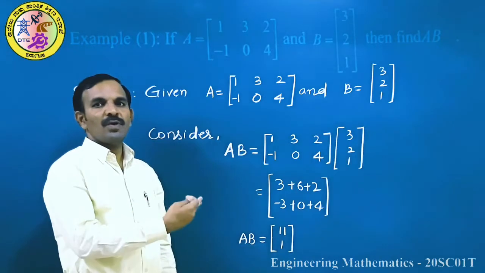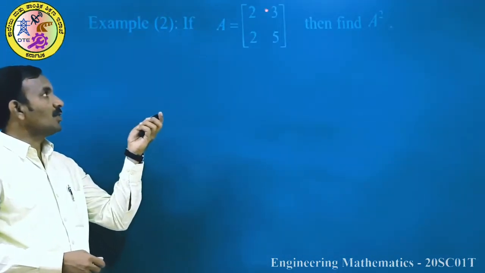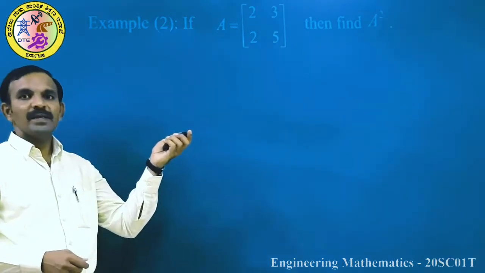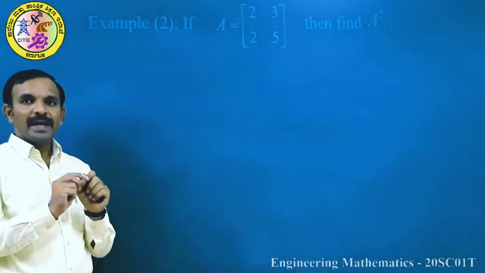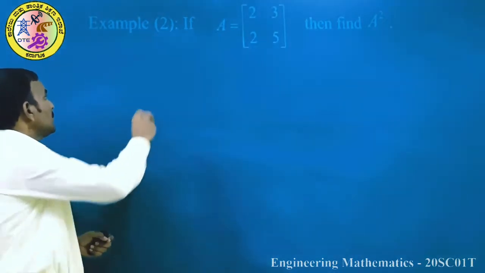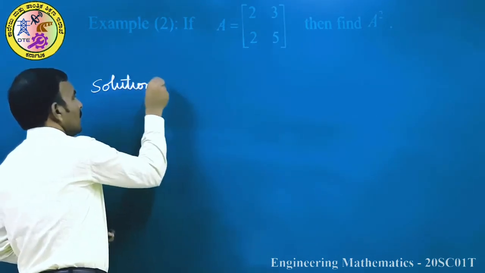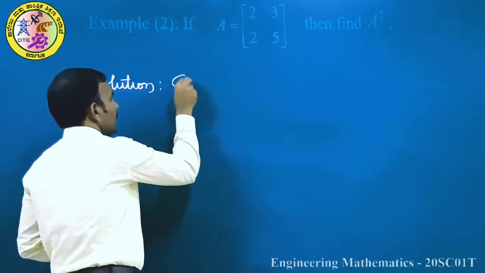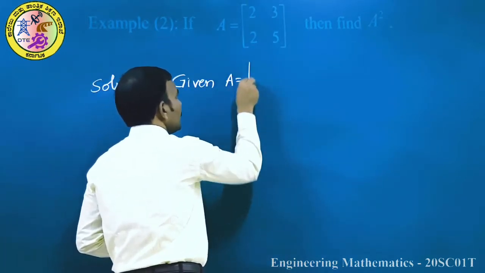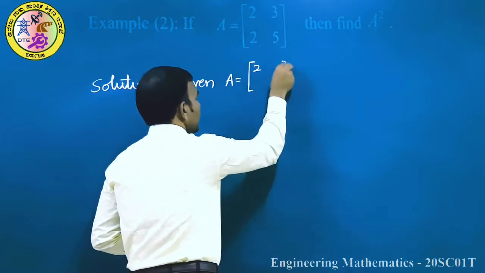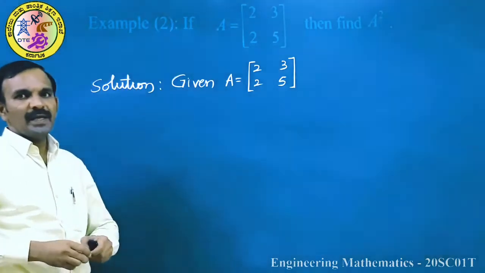Next, we are moving to example 2. If A equals [2 3; 2 5], then find A square. That is, what is A square? A into A. Now start the solution by taking the given matrix: matrix A equal to 2, 3, 2, 5.